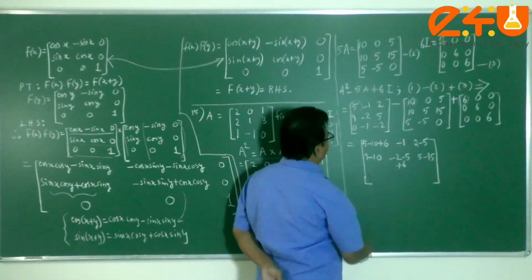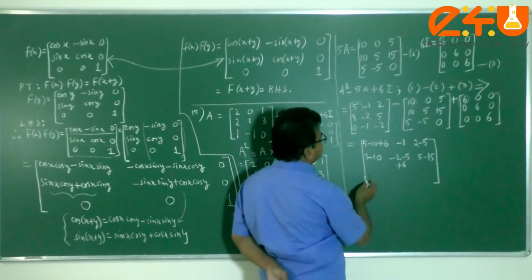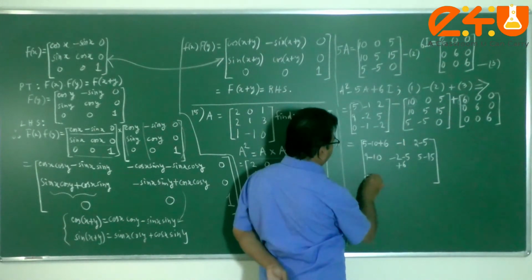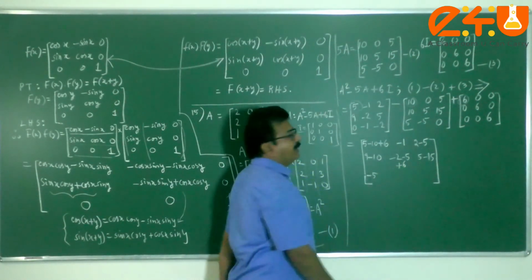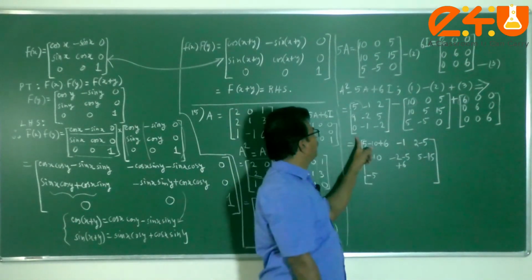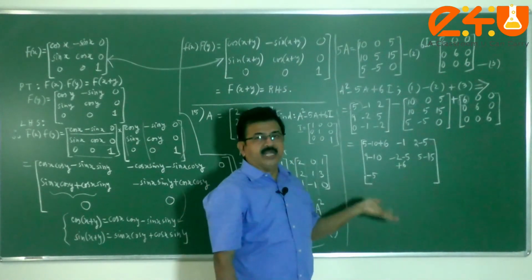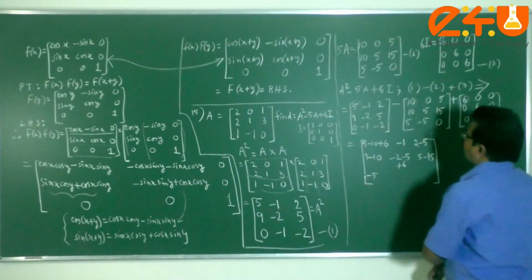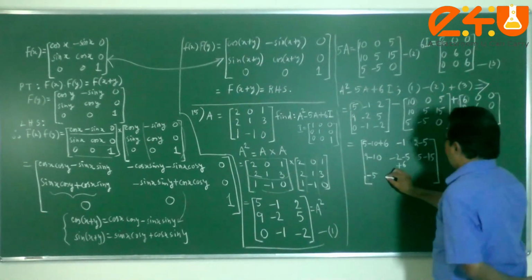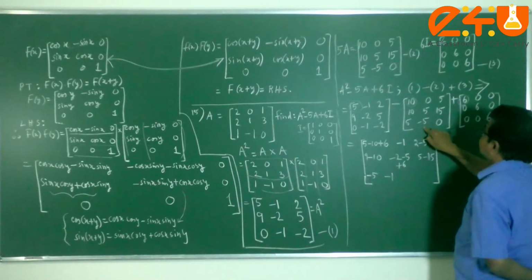Let us complete the third row. It is 0, minus of 5, and plus 0, so let us not include it. So the result is 0 minus of 5 plus 0, leaving it as minus 5. What about the third row, second column? It is starting with minus 1 and minus of minus 5.